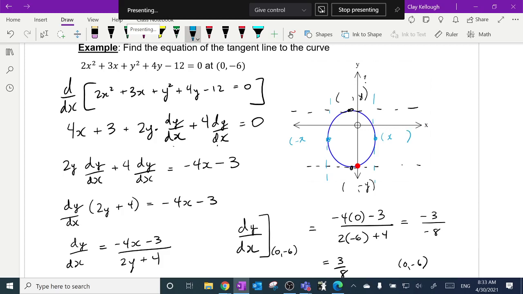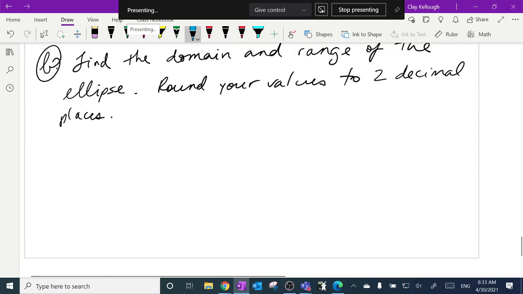But if you didn't hear what he said, find where the slope is undefined, because that's where a vertical line is. So, okay, we have a slope. Our slope is negative 4x minus 3 all over 2y plus 4.